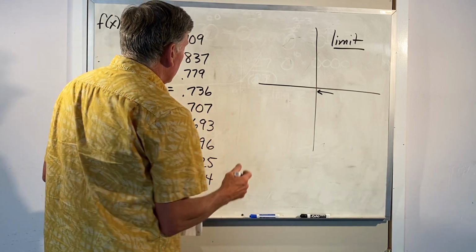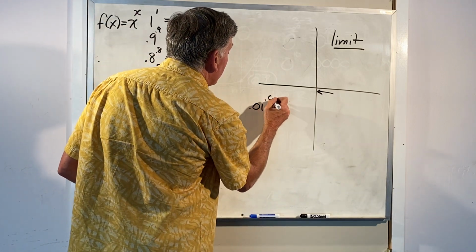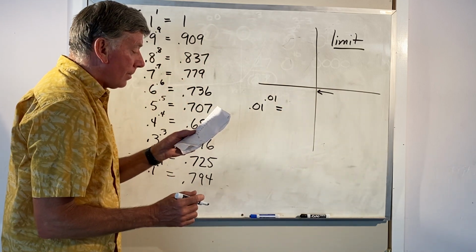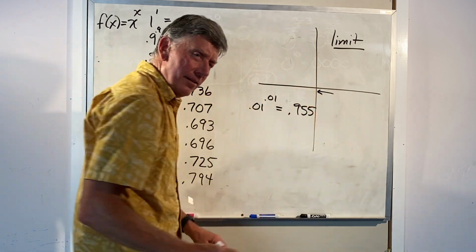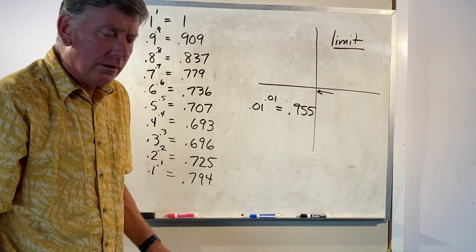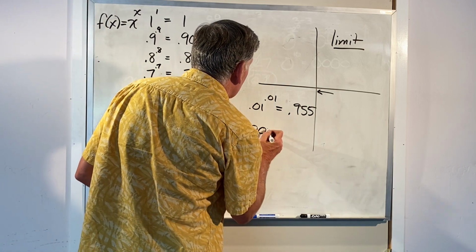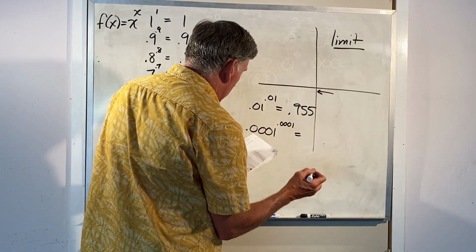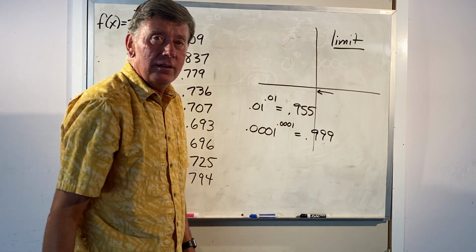Now let's get really close. Let's go 0.01 to the 0.01 power. That's 0.955. This is kind of getting close to 1. 0.001 to the 0.001 power, that's 0.999.